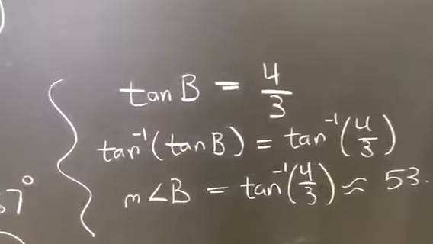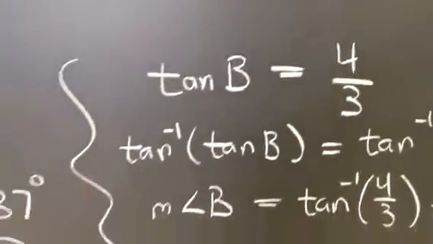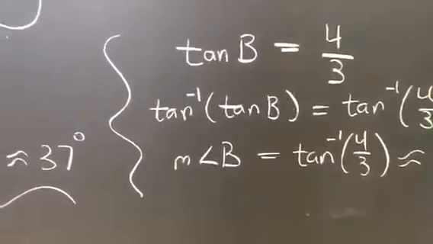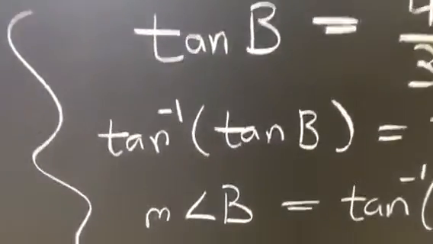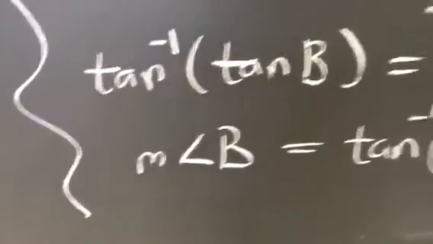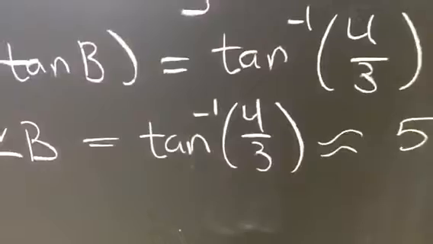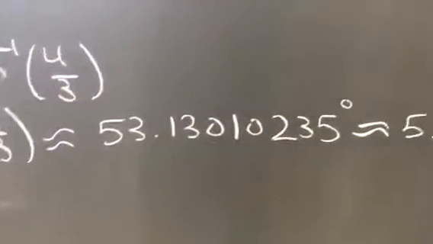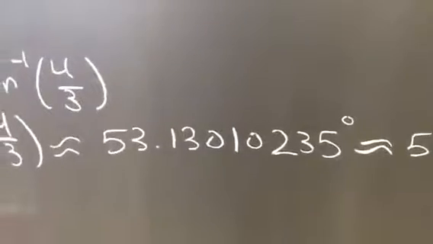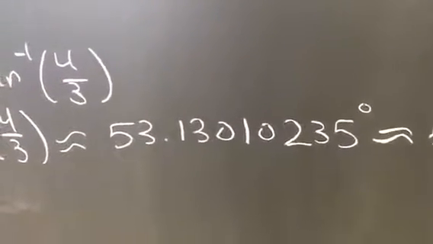Now I have to apply the appropriate inverse to both sides, which is tan inverse. Tan inverse of tan B simply becomes the measure of angle B. And the right-hand side becomes the tan inverse of 4/3, which the calculator gives me as this gorgeous-looking decimal number, 53.13010235 degrees.